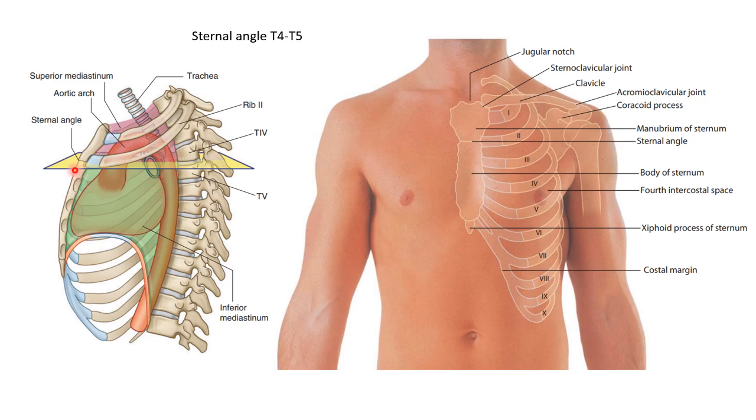We will go into the details later. We call it the plane of the sternal angle, at the vertebral level of the intervertebral disc between T4 and T5.